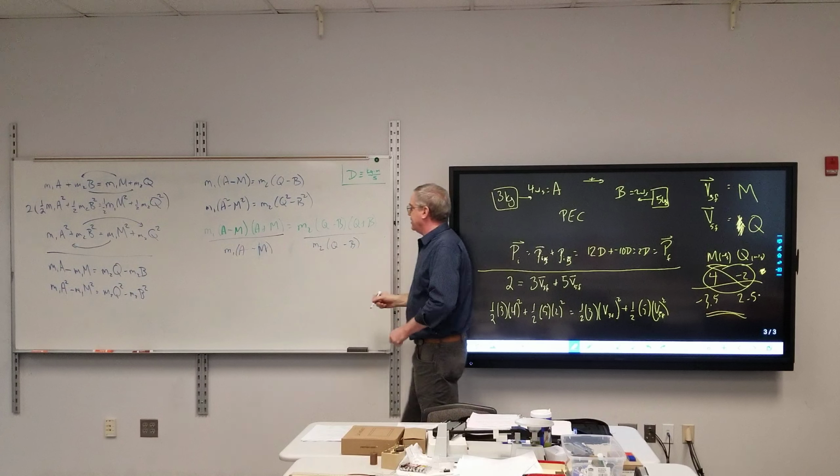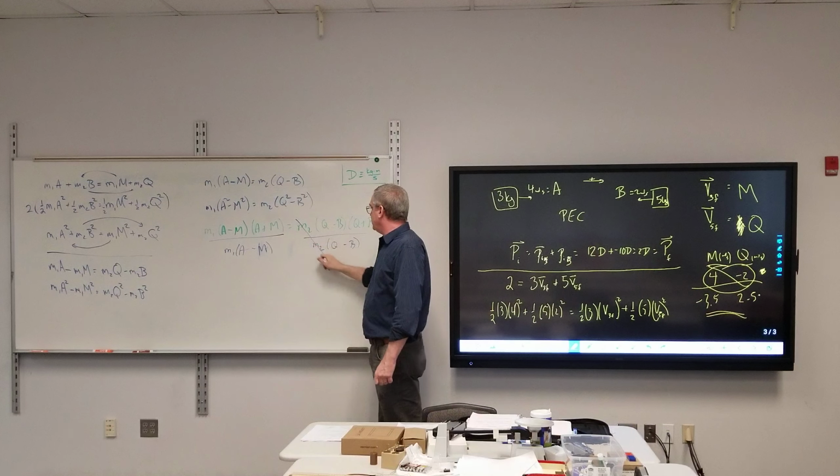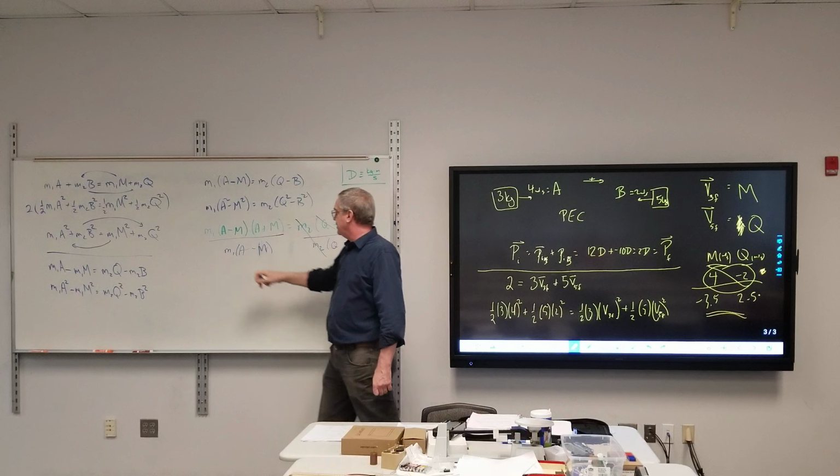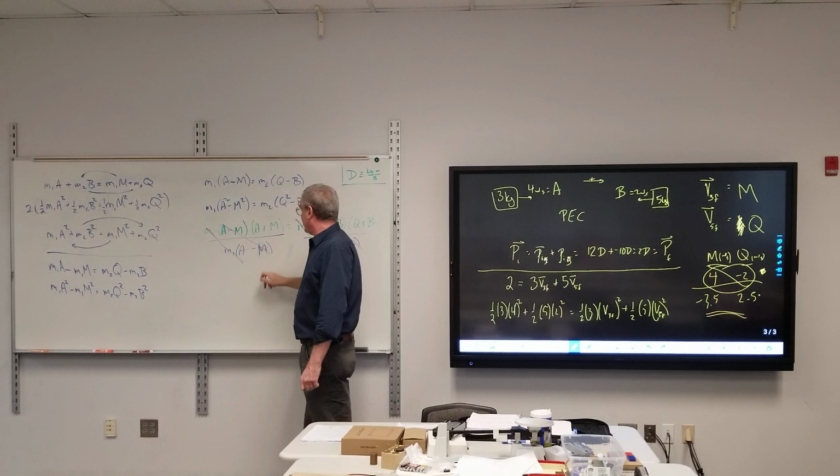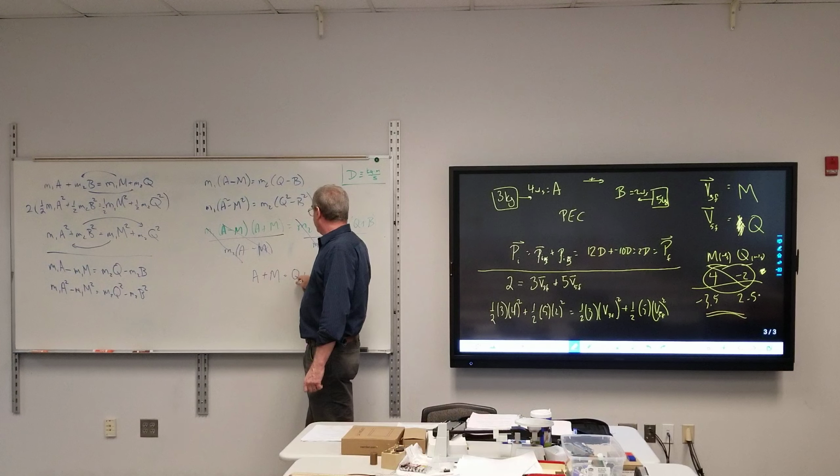I can now cancel out common factors. m2 cancels out, Q minus B cancels out, m1 cancels out, A minus M cancels out. What I'm left with is A plus M is equal to Q plus B.